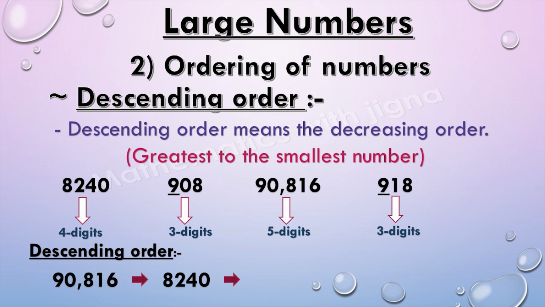The first digit of both the numbers is the same and the second digit is different, 0 and 1 respectively. We know that 1 is greater than 0. So the next smaller number is 918 and at last we write 908, as it is the smallest number among all the other numbers. So this is how you can arrange the numbers in descending order.